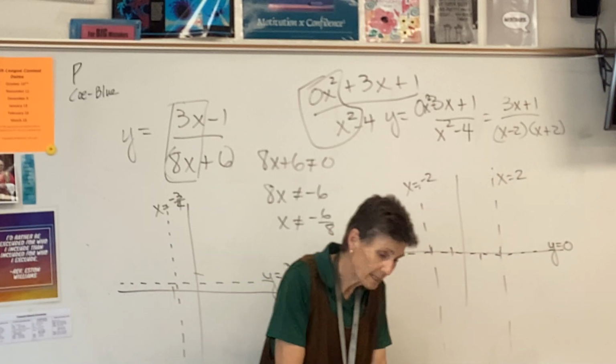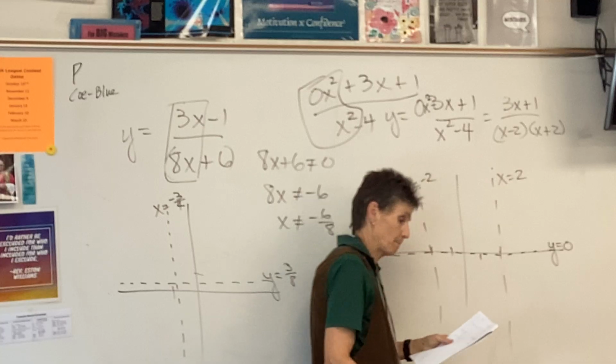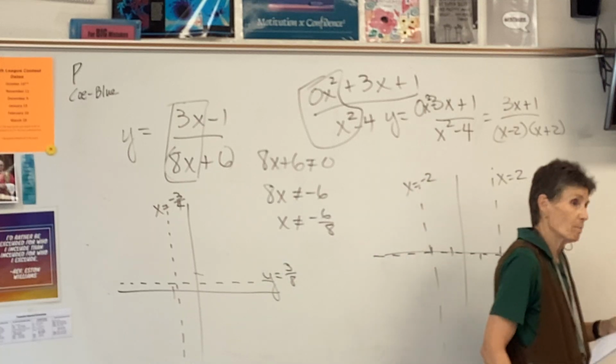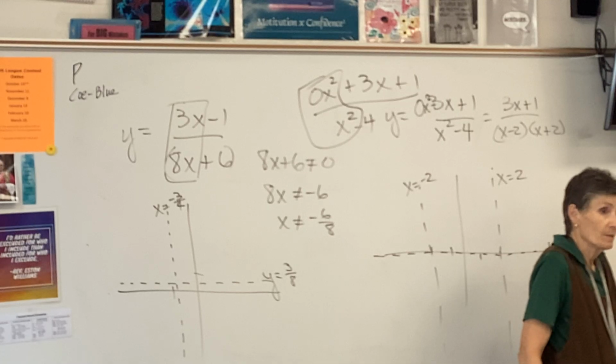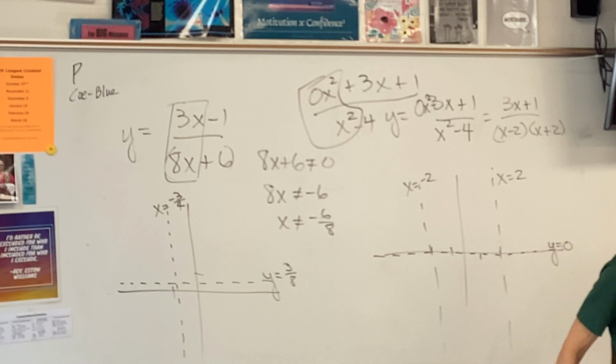So when I look at letter F, is the power on top smaller? Yes. You know what I mean by power? It's x to the first on top. What's on the bottom? x squared. That's bigger. The power on top is smaller. When the power on top is smaller, the horizontal asymptote will always be 0.